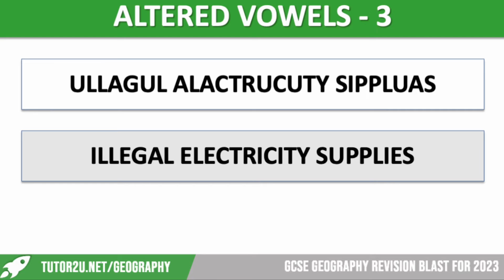So in some settlements across the world, people hook up wires illegally to electricity poles. This means that the supplies have huge extra demand placed on them. It causes all sorts of blackouts because it's obviously not very safely done and is completely illegal. It's also quite dangerous because it could cause lots of fires.